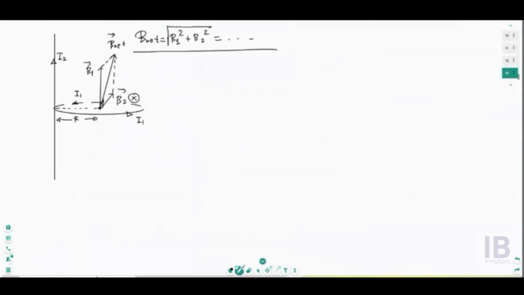Okay. Suppose I'm giving you another example. 2 parallel straight wires. I1 going up and I2 going upwards too. And this is the separation D. And I'm giving you that I1 is 1 amp and I2 is 3 amps.